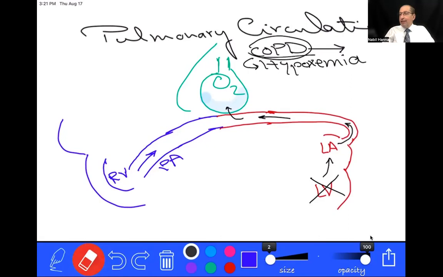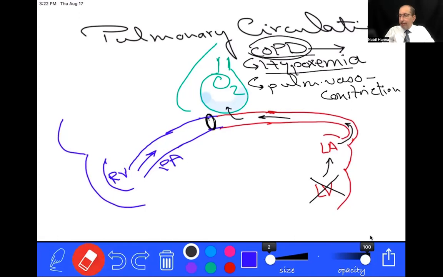So in lung diseases that cause hypoxemia, we get pulmonary vasoconstriction. So which side of the heart is going to suffer when the pulmonary vessels are constricted, when the pulmonary vessels are narrowed?